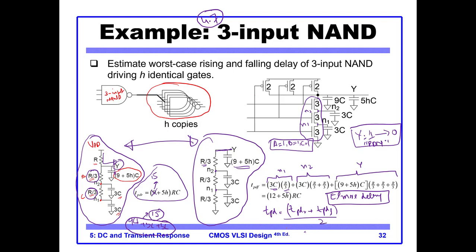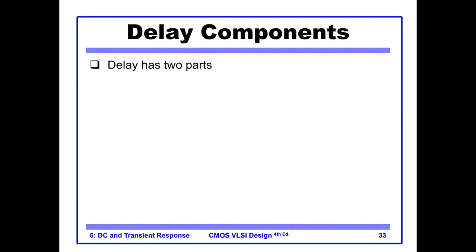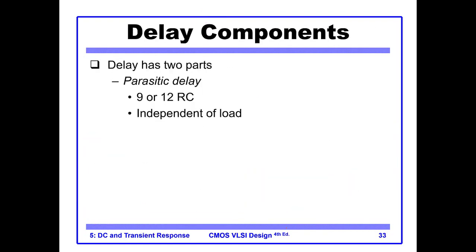Okay, so this was example 4.7. So delay has two components. Okay, so basically again this is 15 or 12 RC.